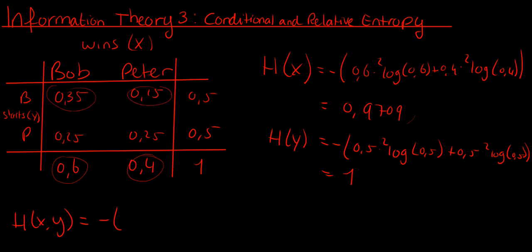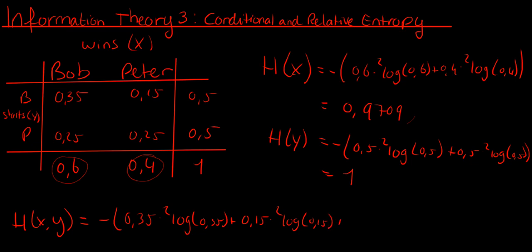Because these values are dependent on each other, we cannot just multiply 0.6 and 0.5. We have to look at the values in the table. So, we get 0.35 times the 2 log of 0.35 plus 0.15 times the 2 log of 0.15, etc., for 0.25 and the other 0.25.